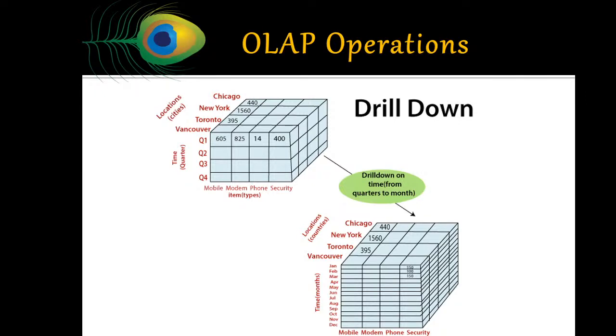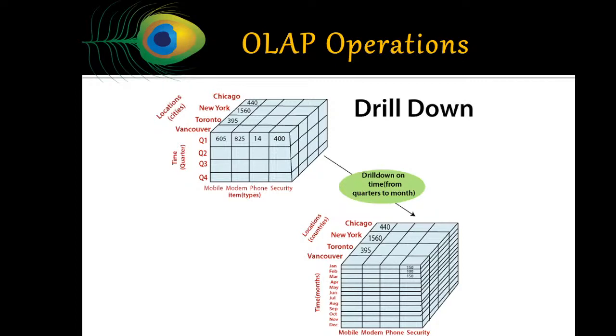So this is drill down. Drill down is the reverse of the roll up operation, and you can observe from the cubes that Q1, Q2, Q3, Q4 are broken into months, and the values are also distributed across the three.